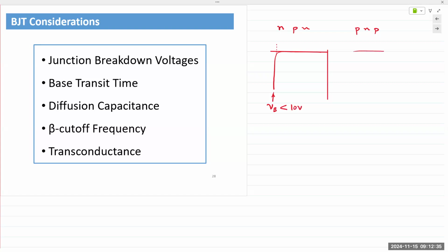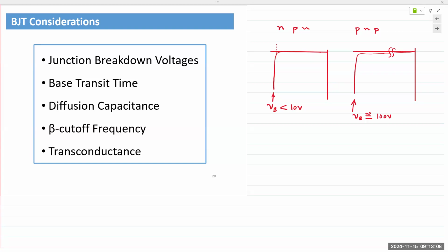And the other one, and I'm going to exaggerate the slope, I would say greater than 100 volts, but that's approximately 100 volts. But it could be anywhere above 50, depending on the fabrication.